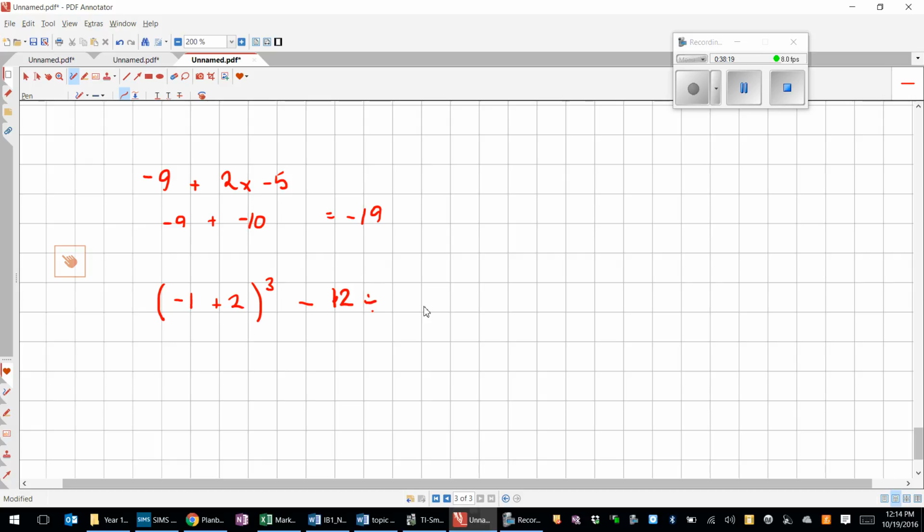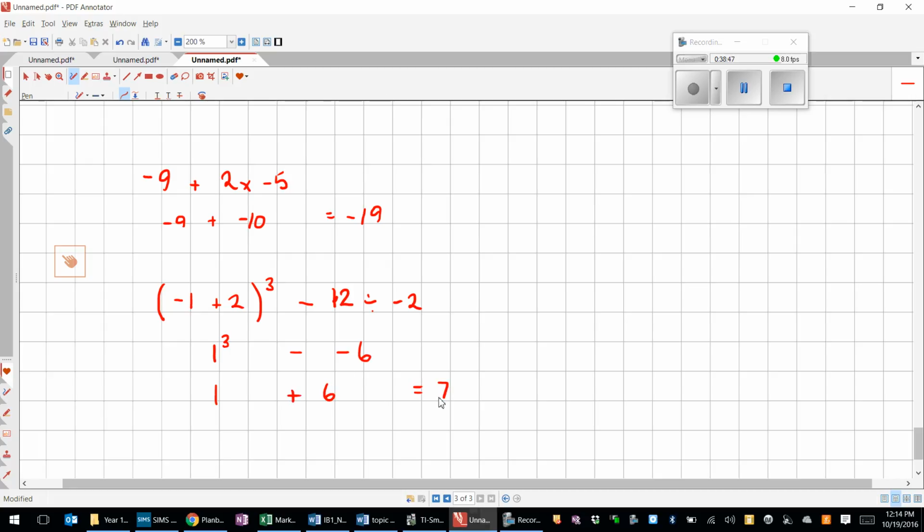Now you have to be very careful with this one. So brackets: -1 plus 2 is 1, and the cube is 1 still. Then we've got subtract, but we have to do division first. So 12 divided by -2 is -6. So then it's 1 plus 6, which makes 7.